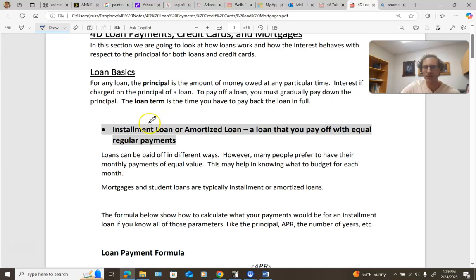All right. So let's talk about this type of loan. This is probably the most common loan that you're going to see, an installment loan. It's also in the financial world referred to as an amortized loan. And you can get things called amortization tables, and they will show you, month by month, how much of your payment goes to interest and how much goes to principal as you're paying it off.